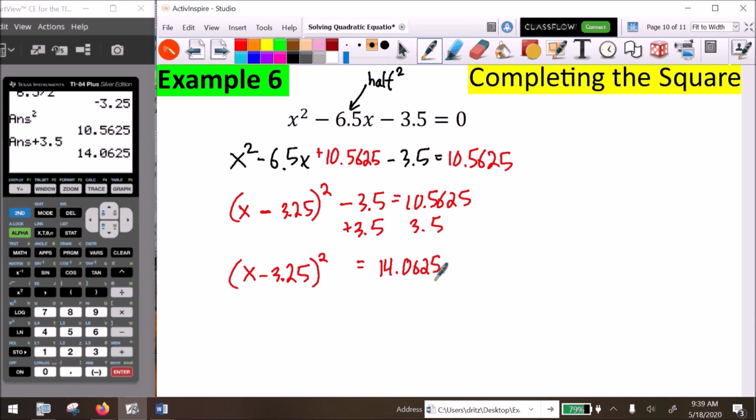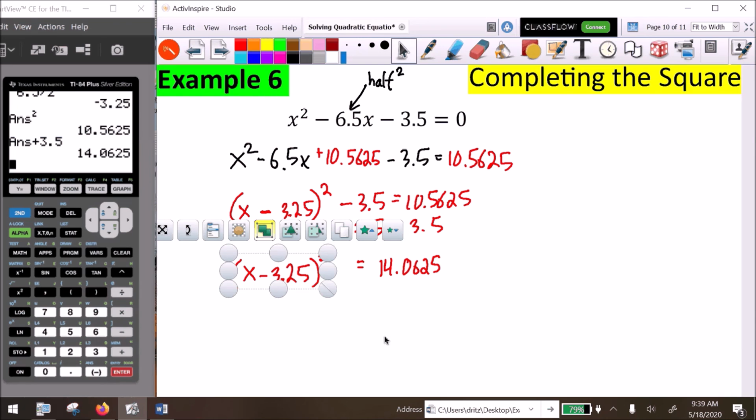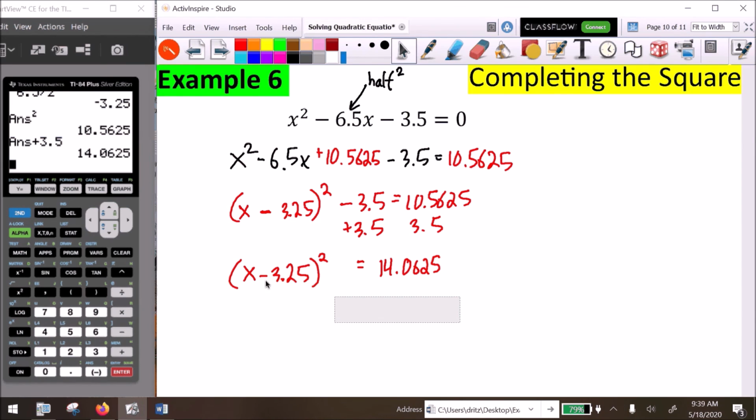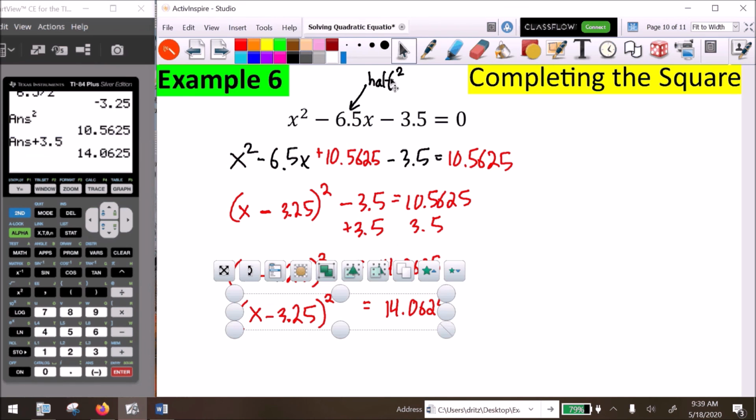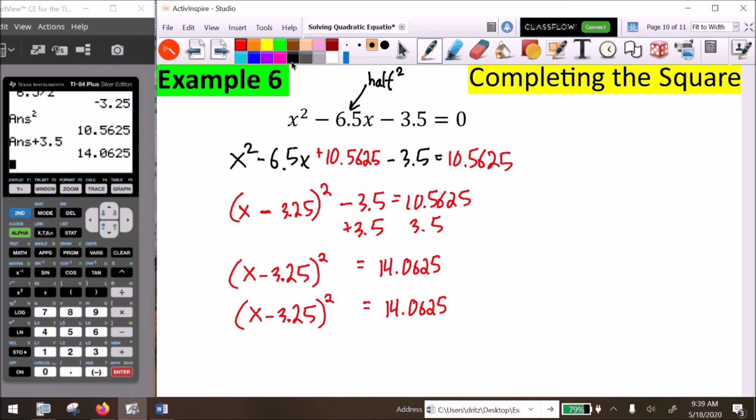All right, then we have to get rid of the squared by taking the square root of each side. Square root of the quantity x minus 3.25 squared is just the quantity x minus 3.25.